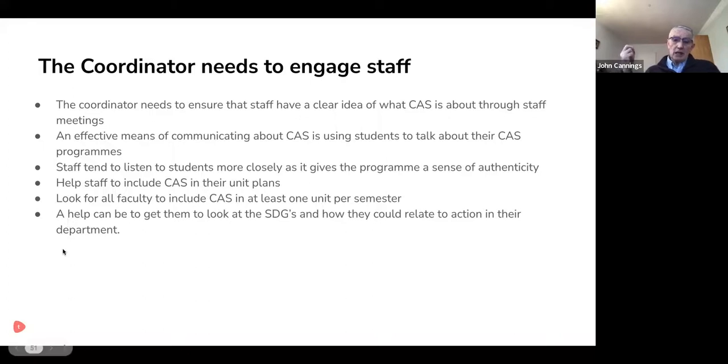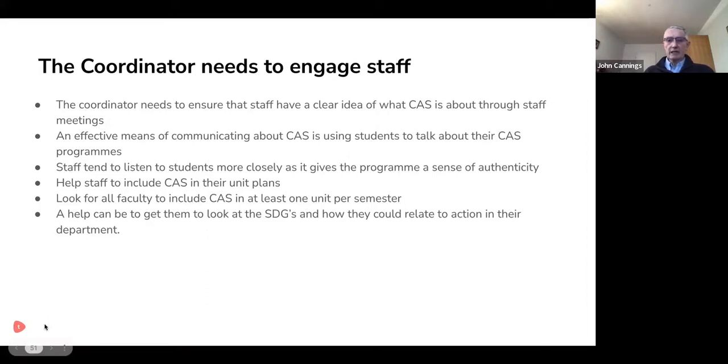I think the coordinator also needs to help staff include CAS in their unit plans and look for all faculty to include CAS in at least one unit per semester. One of the things which I've done and which I know other coordinators have done is to talk about the sustainable development goals and how they could relate to action in their department.